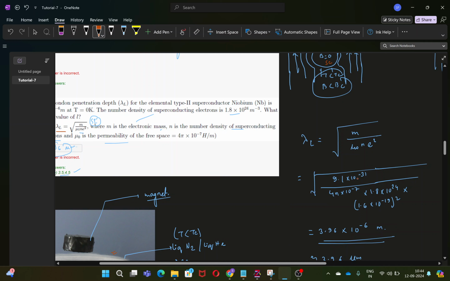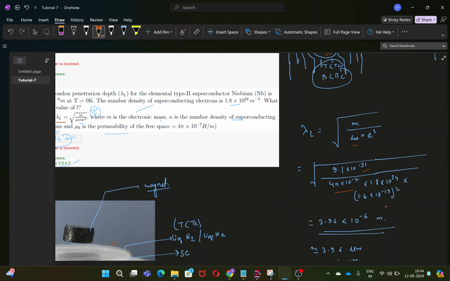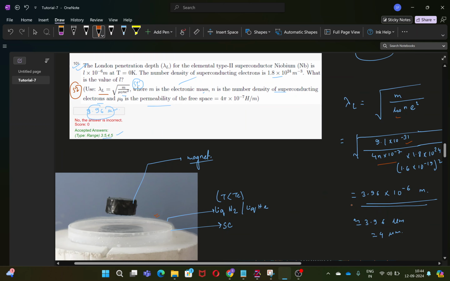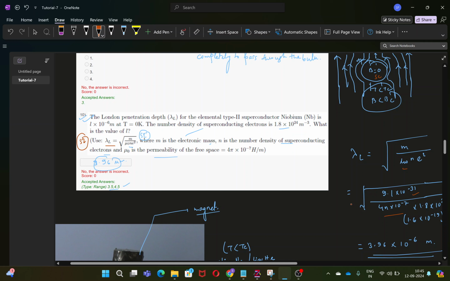Your m is 9.1 into 10 to the power minus 31, mu naught is 4 pi into 10 to the power minus 7, n, the superconducting electron density, is 1.8 into 10 to the power 24 per meter cube, and e squared is 1.6 into 10 to the power minus 19, whole squared. So you get a value of 3.96 into 10 to the power minus 6 meter, or 3.96 micron. Or you can also round it off to 4 micron.